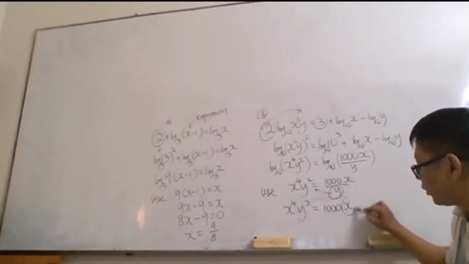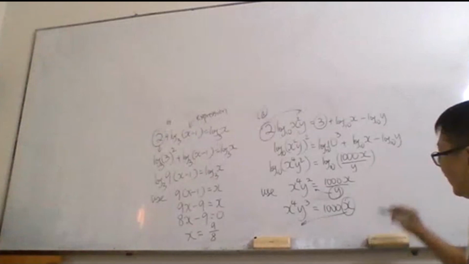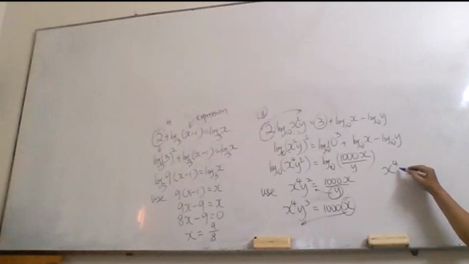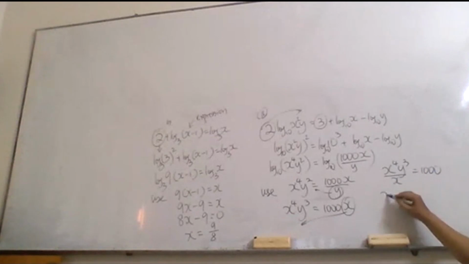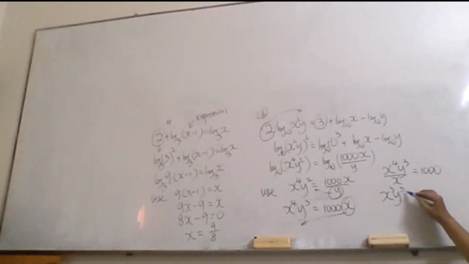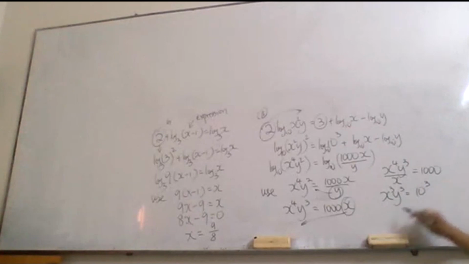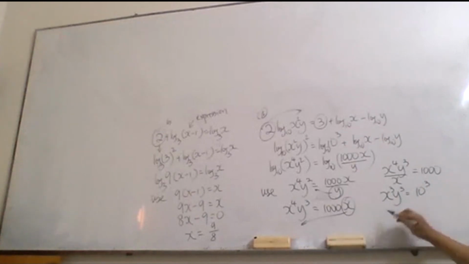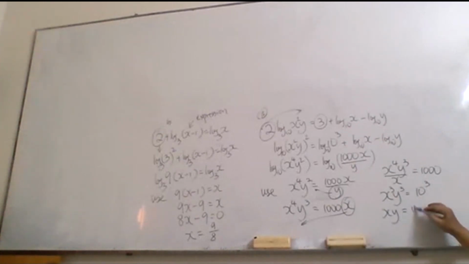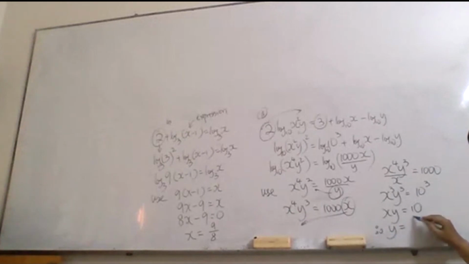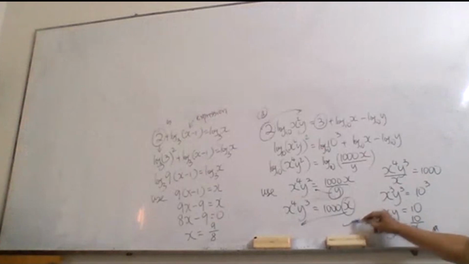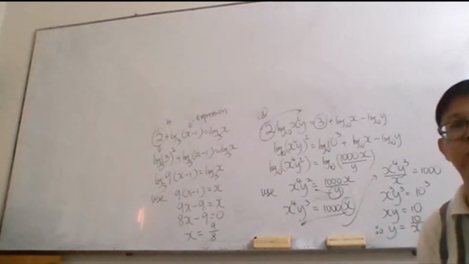Later on, I divide by x, so x4 y3 over x becomes 1000. And this is x3 y3 equal to 10 to the power of 3. Then we can just put xy equal to 10. And finally, y must be equal to 10 over x. That's why the question asks you to express y in terms of x.